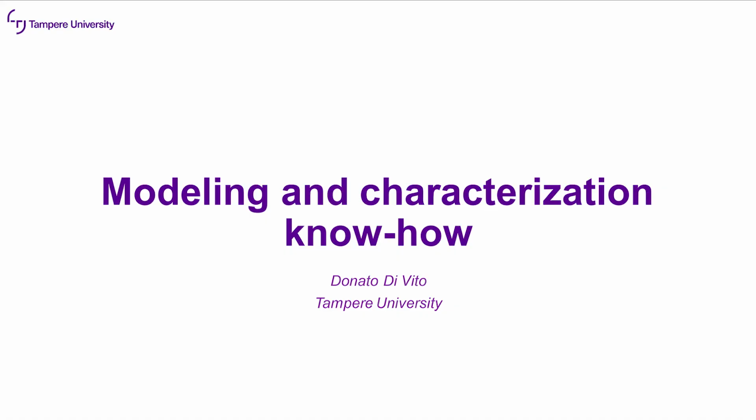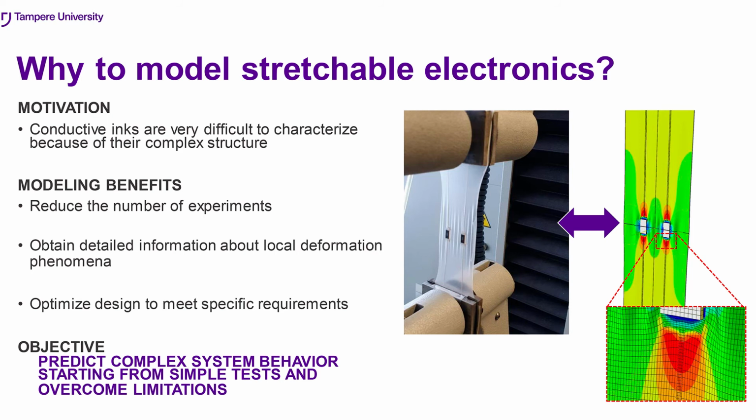Hello everyone, I am Donato Di Vito from Tampere University, and I'm working on mechanical modeling and characterization of materials here. My main expertise comes from mechanical modeling of highly deformable materials and modeling of conductive inks, and stretchable electronics devices is one of the applications for these kinds of methods. There's a lot of interest growing in mechanical modeling of conductive inks.